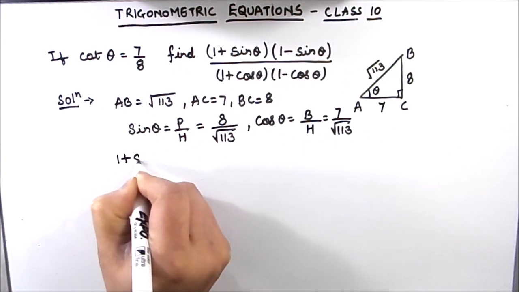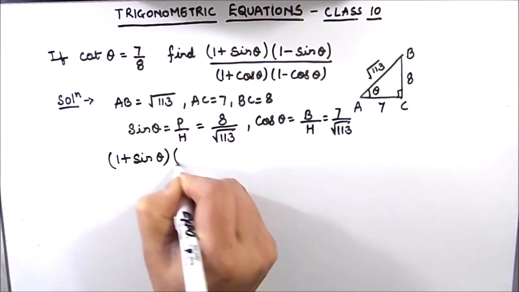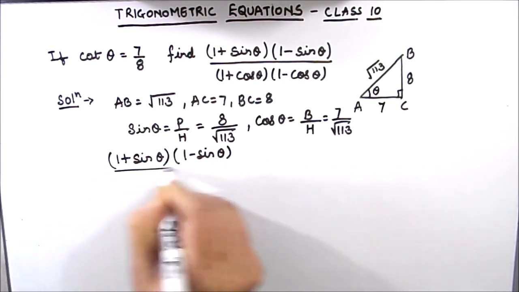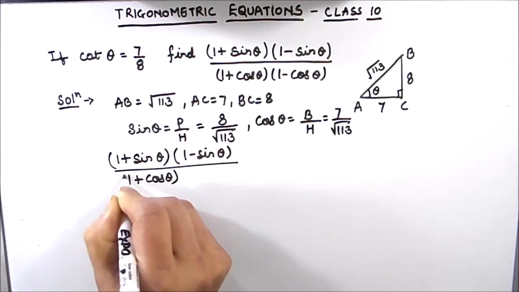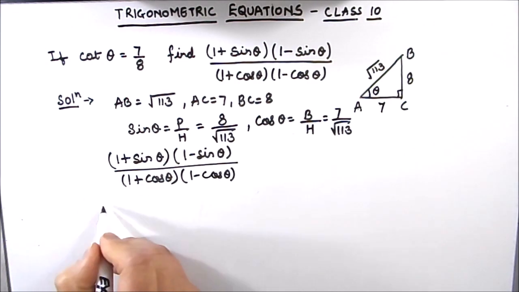1 plus sin theta times 1 minus sin theta, divided by 1 plus cos theta times 1 minus cos theta. Now we are going to put the values.